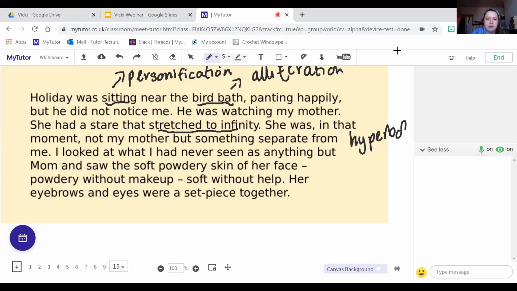There's so much you could talk about. Hyperbole, repetition of powdery. I also think, can skin actually be powdery? Because it says that she hasn't got any makeup on. So I think we could make an argument for a metaphor there.